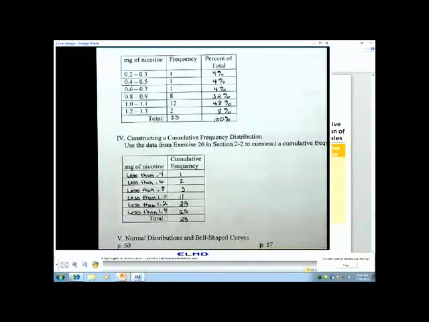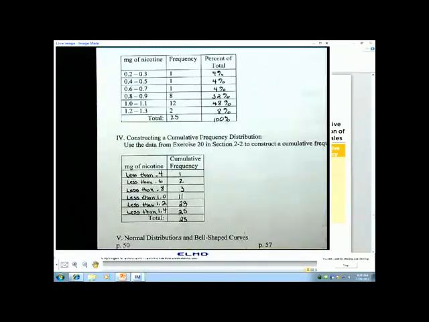In a cumulative frequency distribution, you're adding the cumulative frequency for the previous class to how many fell into the next class. Everybody falls into the last class. If not, then you don't have your last class labeled correctly.